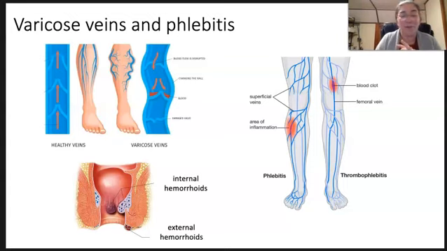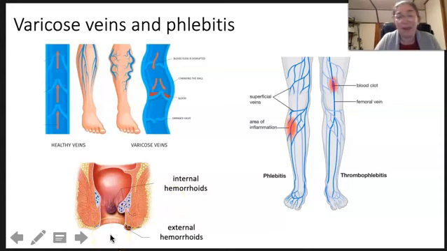And so, yes. Okay. Varicose veins are in the legs. Hemorrhoids are veins in the rectum and anus that become swollen. And that can be from straining during defecation when you're sitting on the toilet trying to poop.